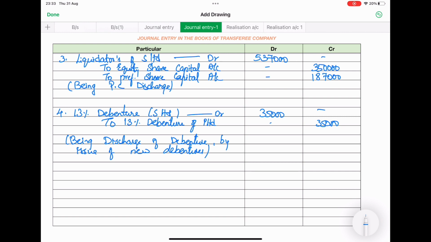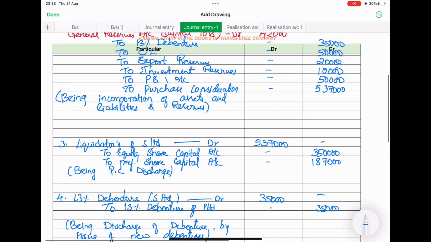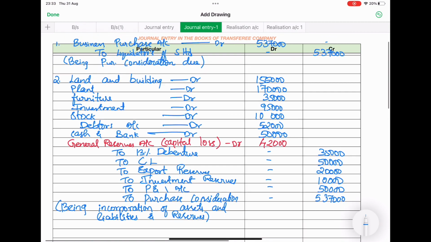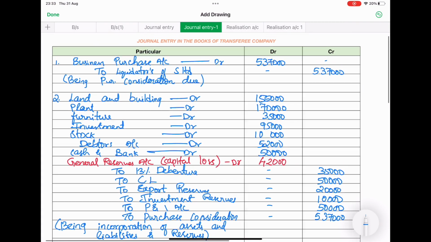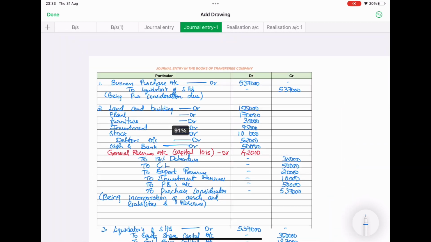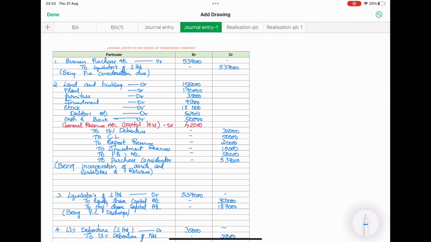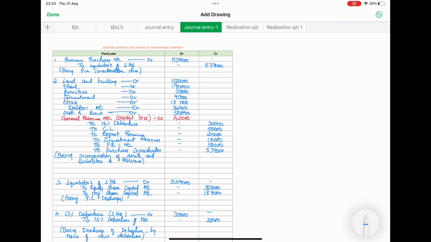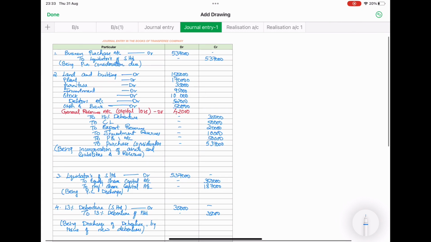So next we are having this is the part A of your question, which means we have completed only one part. So these 4 entries are there, na? These are the part 1 of your question.